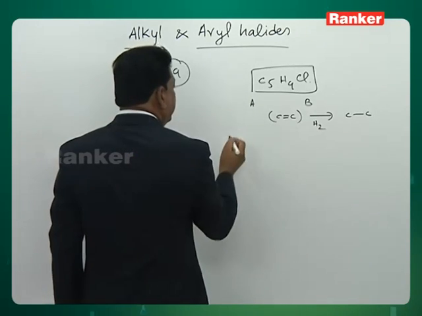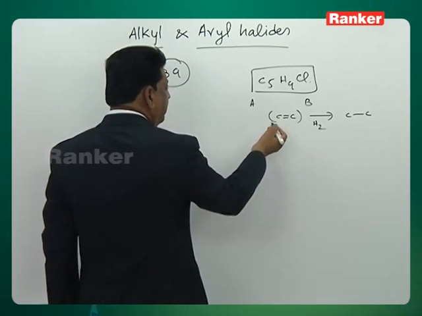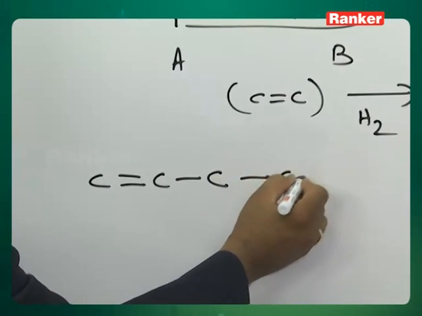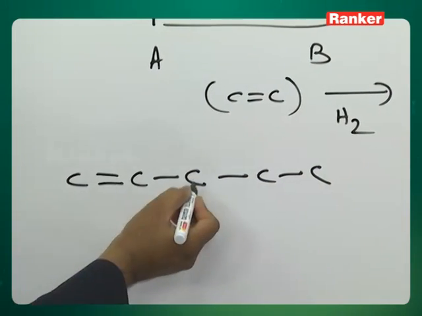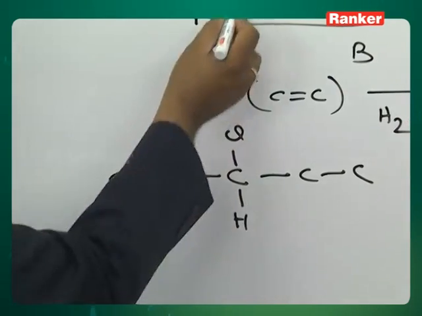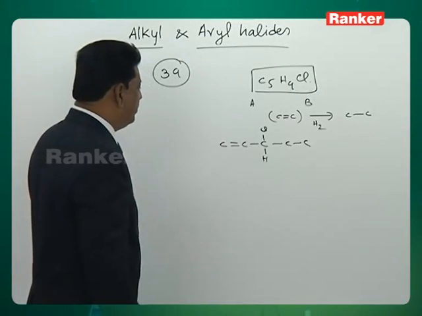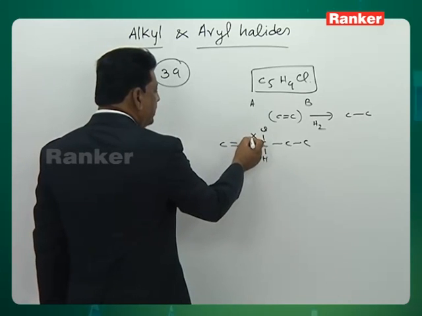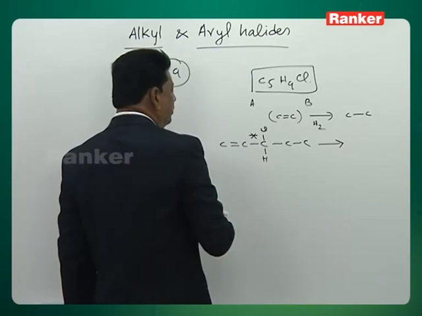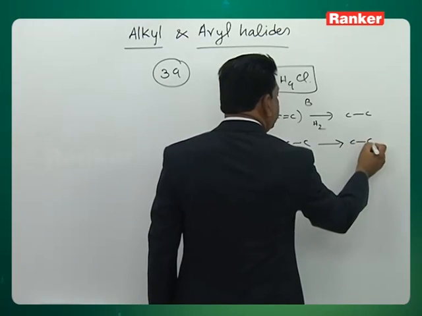So if the compound is originally like this, one side alkyl, one side alkene type, and a halogen is there, this fulfills the formula C5H9Cl. So this is originally optically active. Let us say when this is reduced, it is going to become an optically inactive compound.